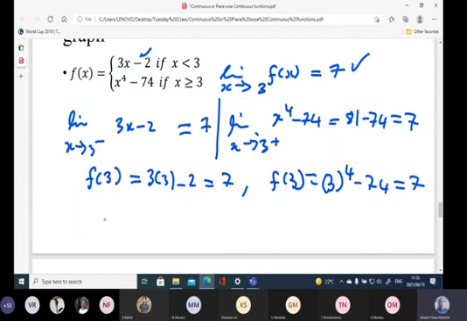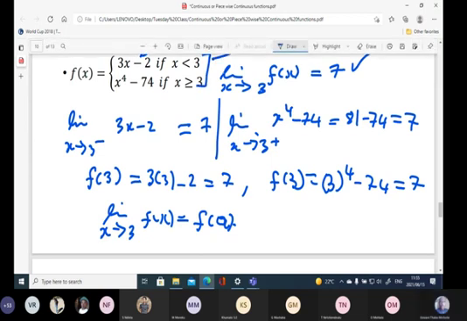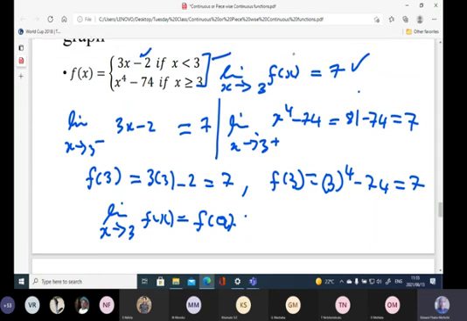So now we can clearly see that the limit as x approaches 3 of f(x) is equal to f at a. Now, by the definition of continuity, we conclude that the given function is continuous at x equals 3.